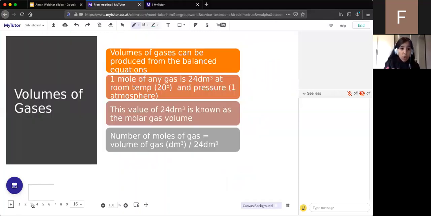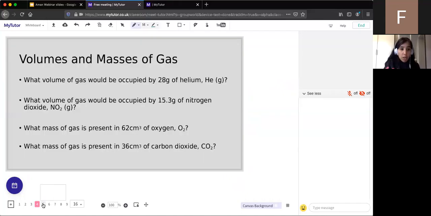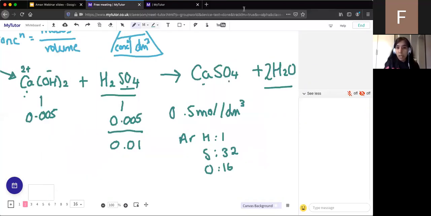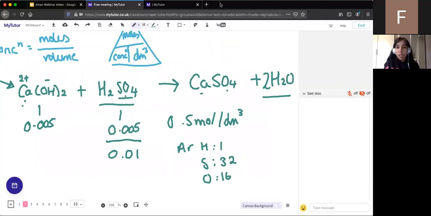So if we look on our periodic table over here, the atomic mass is the top number. We use that to represent the number of grams because the atoms are so small, so we use that as a relative form of the mass of each element.